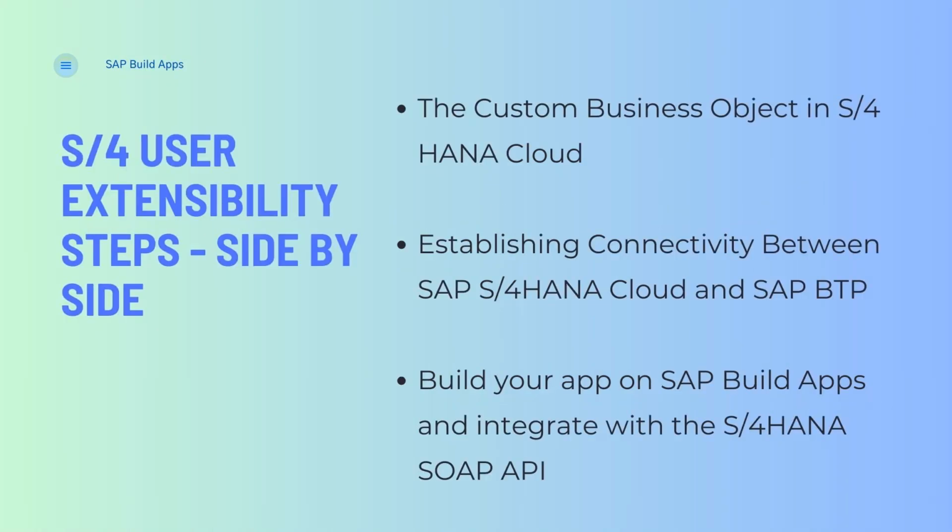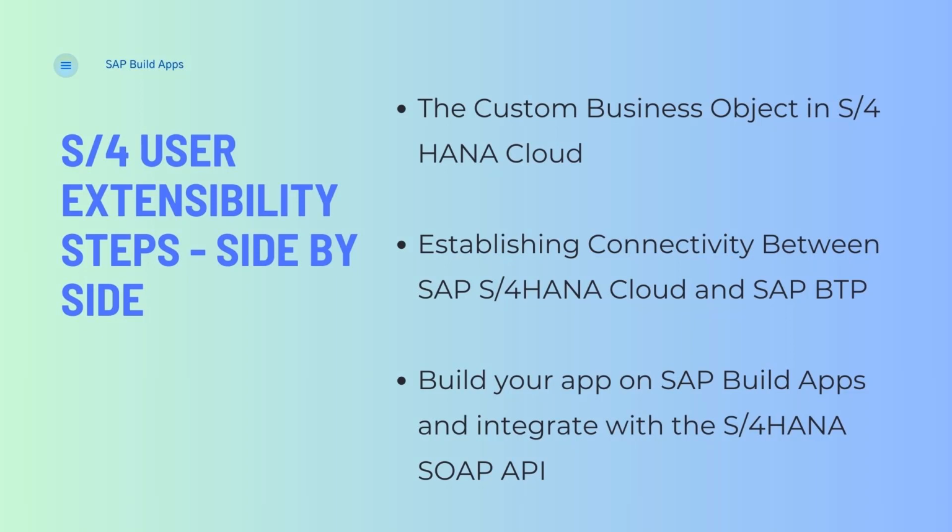Now let's take a look at the high-level steps, from a 50,000 feet level, which you will have to take to build these S4HANA user extensibility functions. Largely, they are divided into building the app and building the integration with the S4HANA cloud system. So in the building integration piece, first, you need to build the custom business objects in the S4HANA cloud.